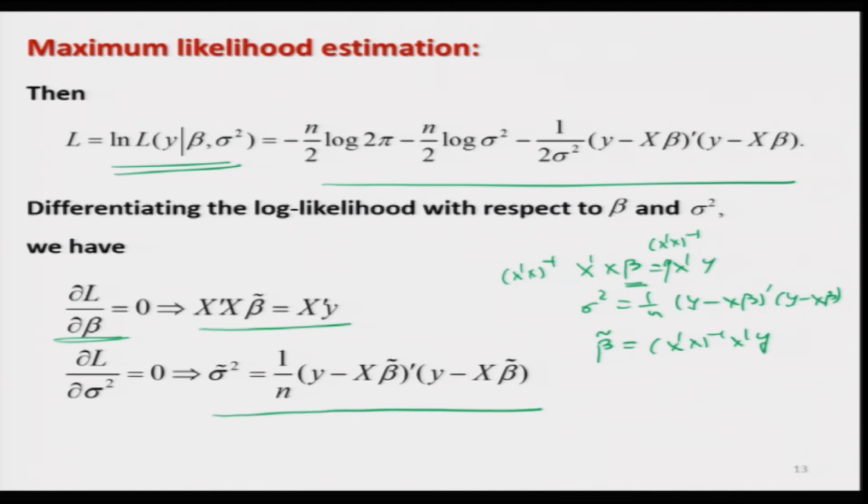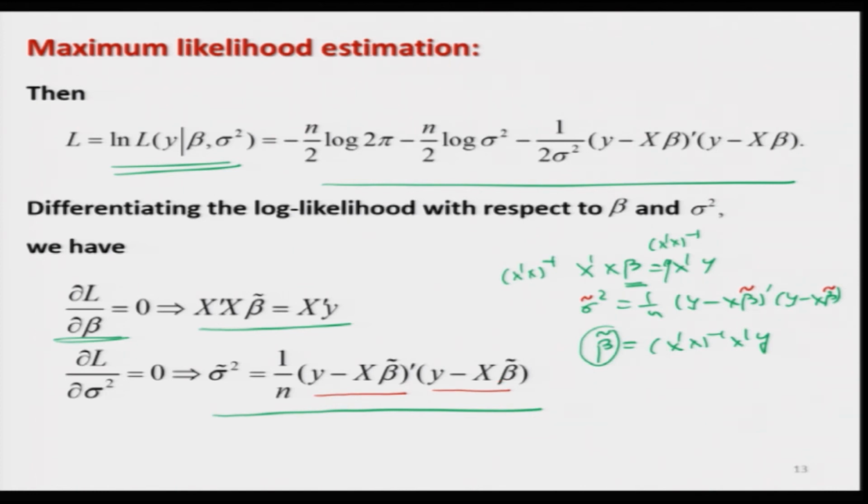I am not using hat here because we already have used the symbol hat to indicate the least square estimator of beta. And once I know the value of beta to be beta tilde, then this can be replaced in the expression for sigma square. Now I can write down an estimator of sigma square as sigma square tilde, which is 1 upon n, (y minus x beta tilde) transpose (y minus x beta tilde).